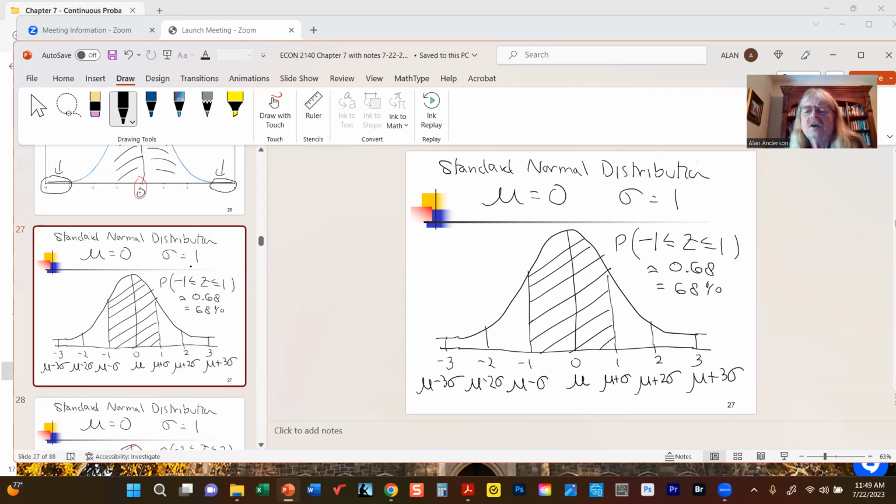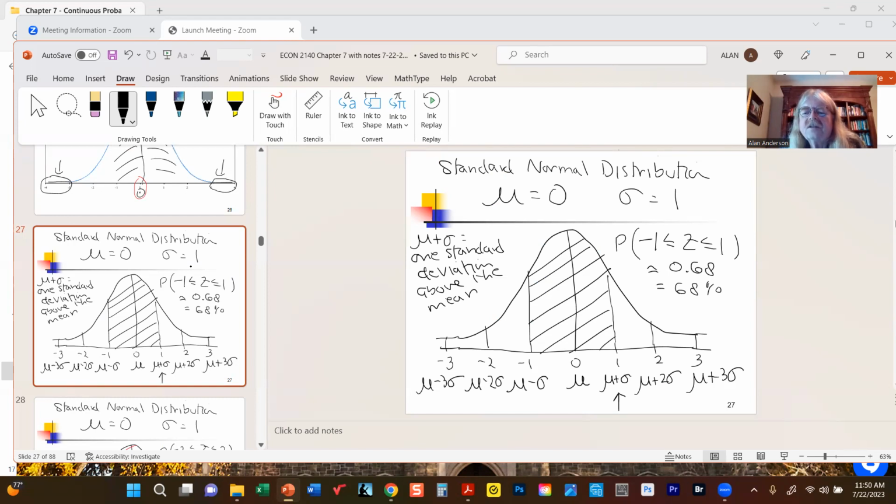So the way we will interpret this is that, for example, mu plus sigma can be thought of as one standard deviation above the mean. If it happens to be the standard normal distribution, mu plus sigma would add up to 1. And you can see it's written right here. You see how I've got mu plus sigma, directly above it is 1.